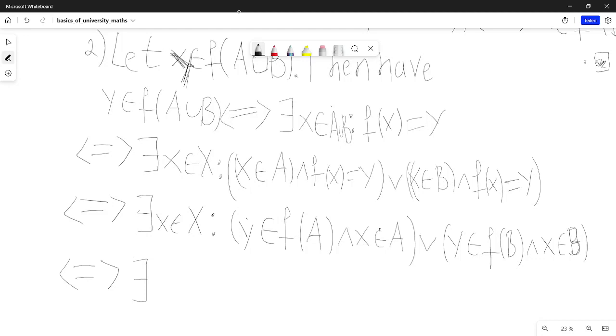Well, yeah, there exists x in X such that y element f of A. Okay, there's actually no connection at first. Okay, that's not exactly equivalent because I have that. Okay. So that's actually a redundant piece of information.